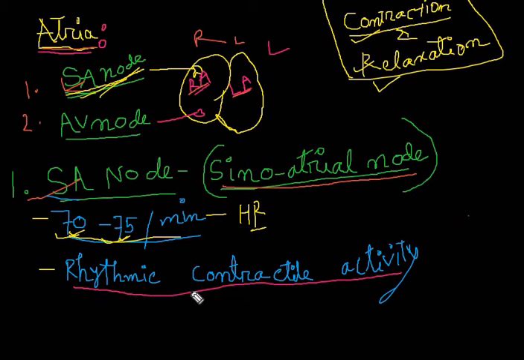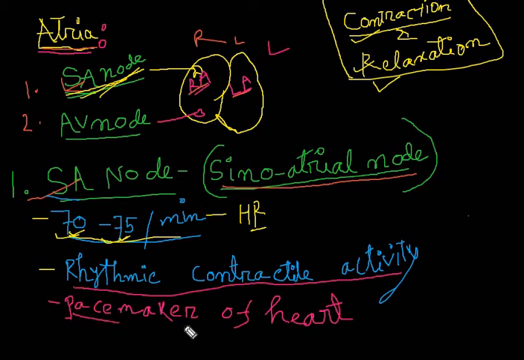This is maintained by SA node. So SA node can also be said to be the pacemaker of heart, because it maintains rhythmic contractile activity of heart.